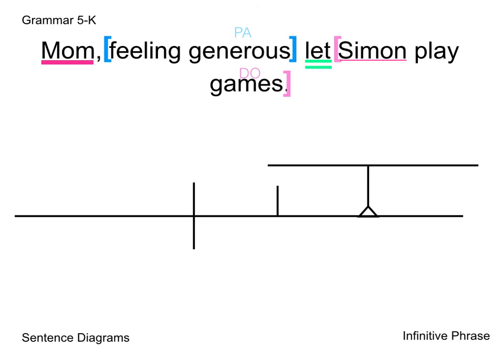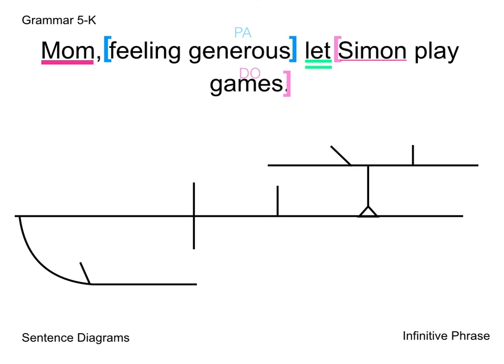And then, because it's an infinitive phrase, I need a diagonal line, and then I have a direct object in this infinitive phrase, so I need another short vertical line. And then all I have left is my present participial phrase, so I draw a curved line, and since I have another part to the phrase, I make that a long tail at the end, and since that other part of the phrase is a PA, I have a slanted line.